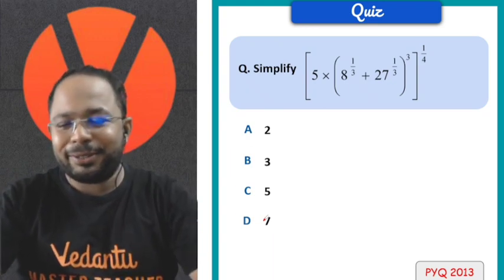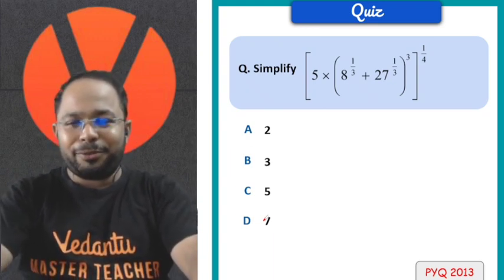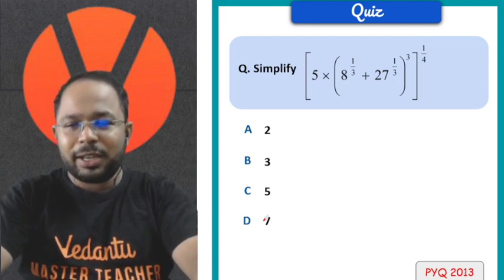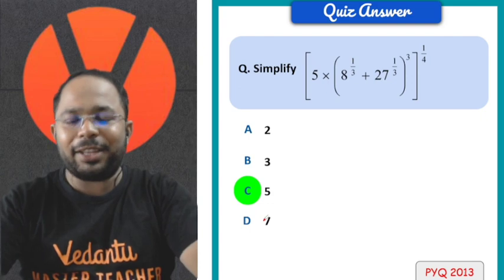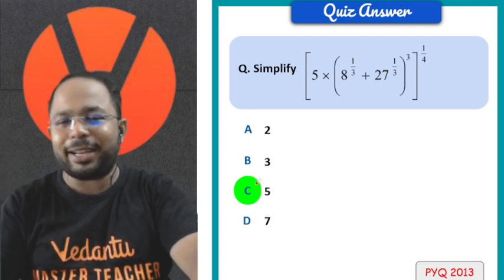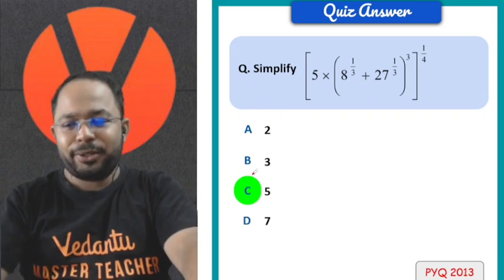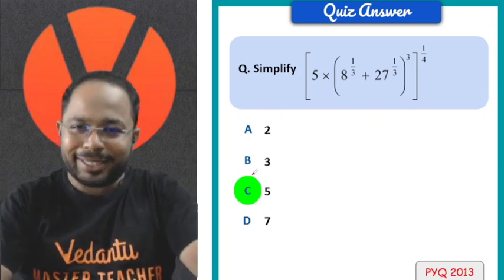All right, so let's see what is the correct answer of this question. On simplification, if you are getting 5, then you are absolutely correct. So how? Let's see that.